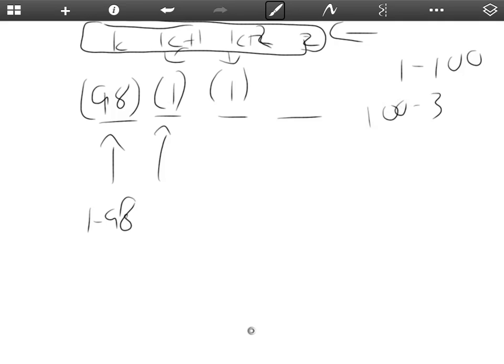Remember, you can't use 2, 3, 4, 3. Why can't you do that? I don't think it's allowed.